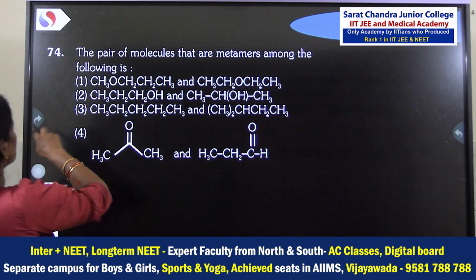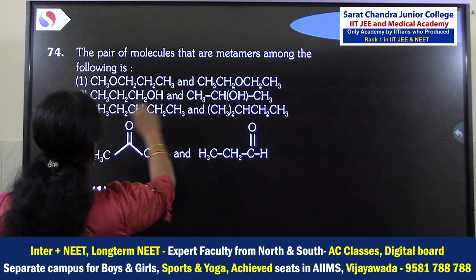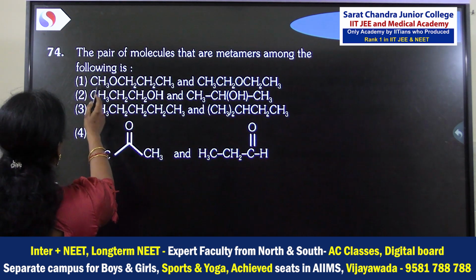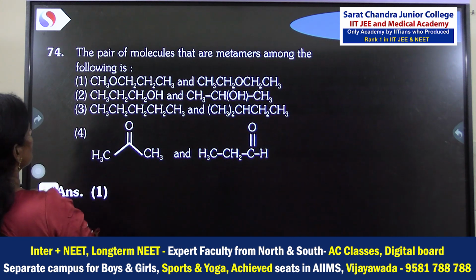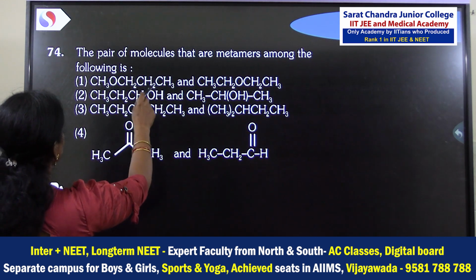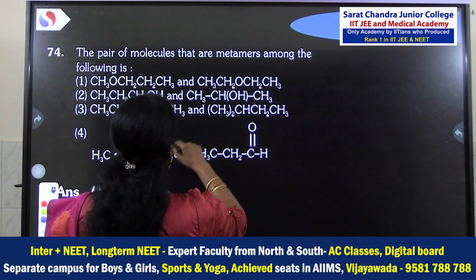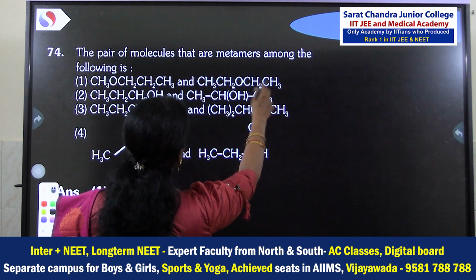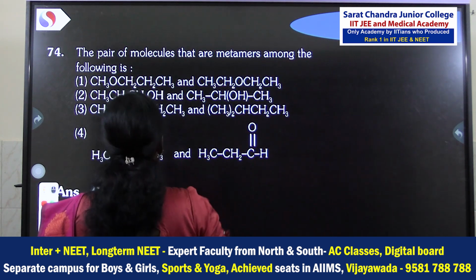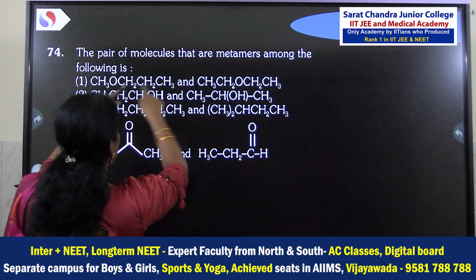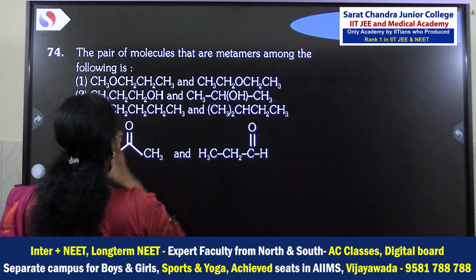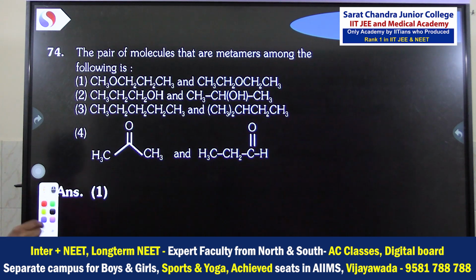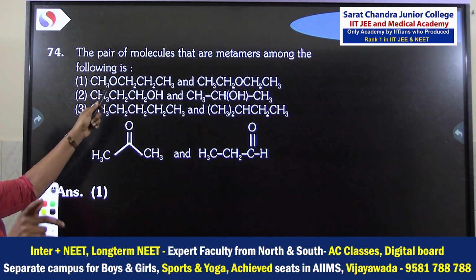So in the first example, these two compounds are ethers only. In the first compound, on the left side CH3 group is present, on the right side propyl group is present. And in the second compound, on the left side ethyl group, on the right side also ethyl group. Both are alkyl groups. And these two compounds have the same molecular formula, but they differ in the nature of alkyl groups attached to the functional group, the ether group.